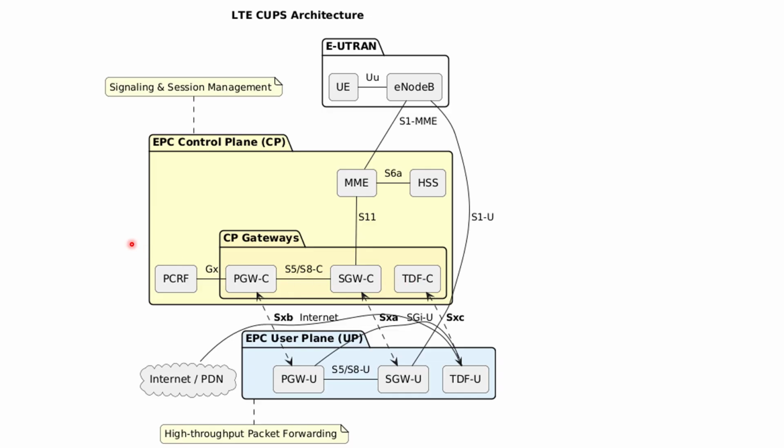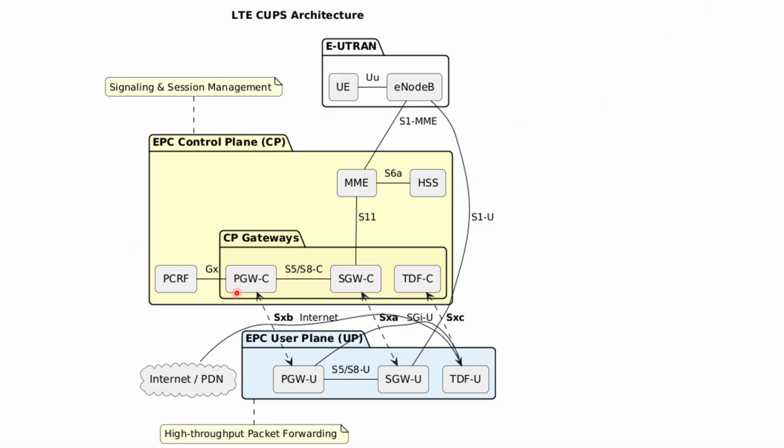These core nodes manage session states, IP address, location, and charging triggers. They communicate with each other via the Sxx-C interfaces and with the MME via the S11 interface. There is also the PCRF, which interacts with the PGW-C over the Gx interface and provides policy and charging rules.